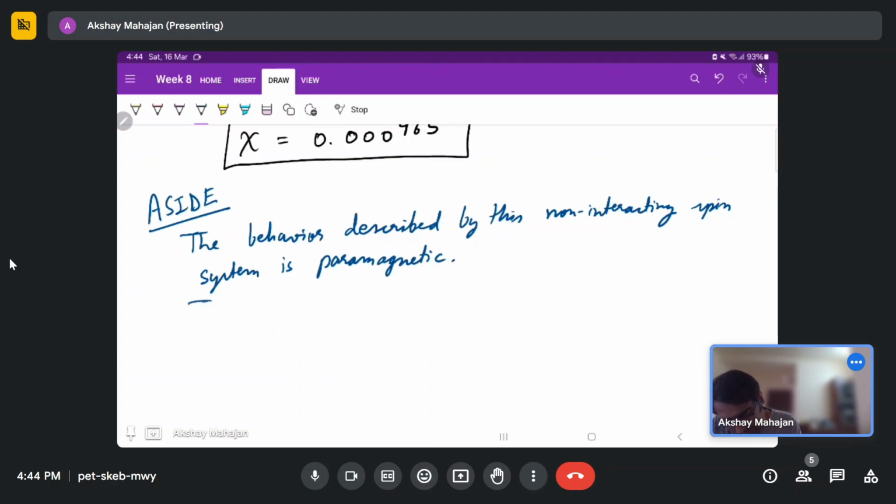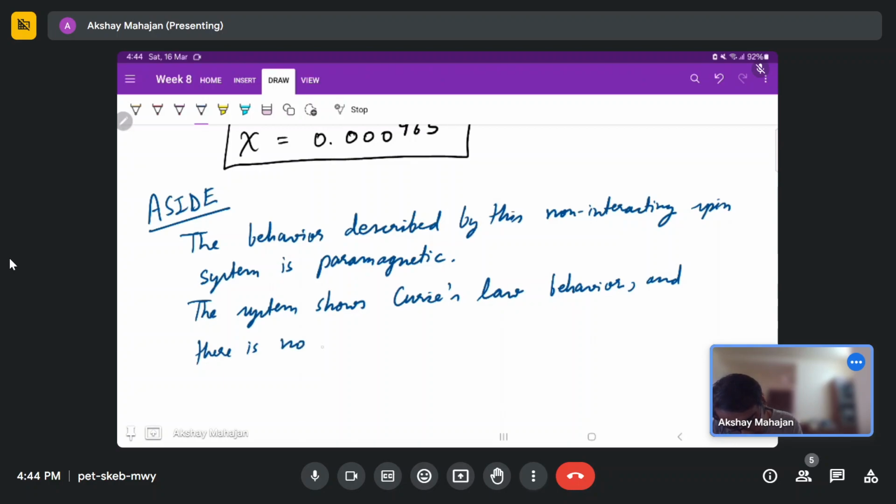The system shows Curie's law behavior, and there is no phase transition to a magnetically ordered state.